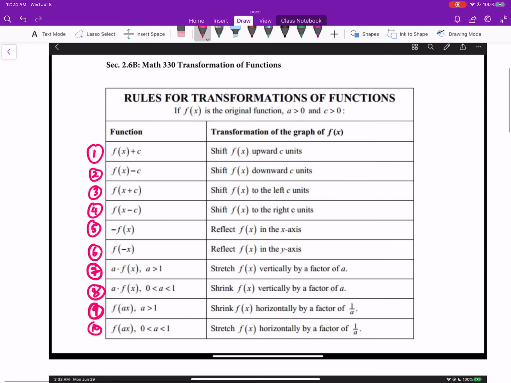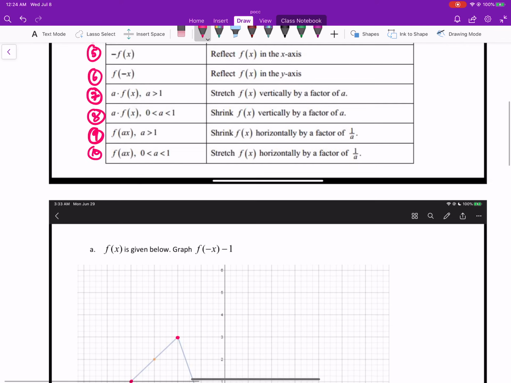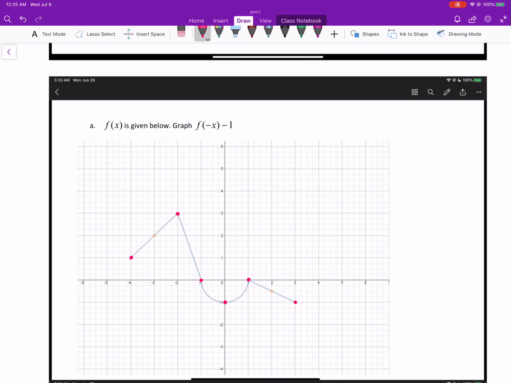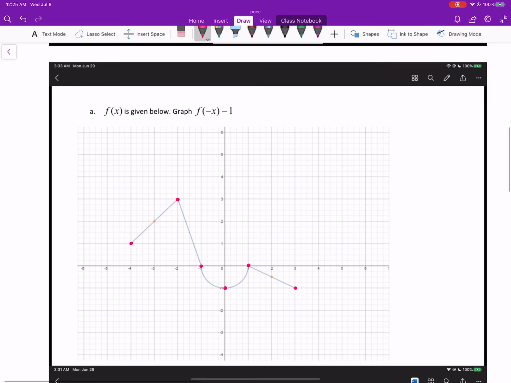All right, so we have all these rules that kind of guide us when we're trying to move points on a graph around. All right, so the best way to do this is to use an example. Okay, so I have this graph here that I want to try and move from f of x to f of negative x minus 1. So the first step is to recognize what is f of negative x.